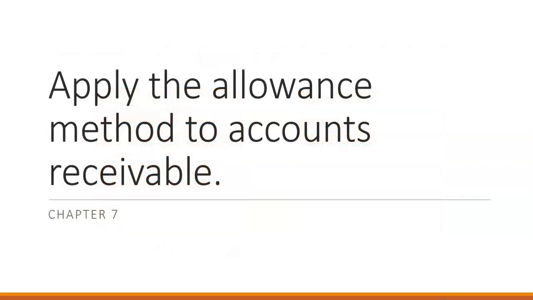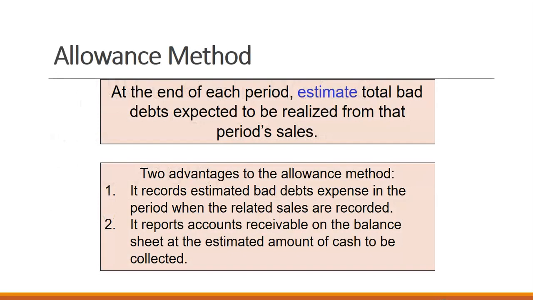So now we'll talk about the allowance method. Under the allowance method, at the end of each period, we estimate the total bad debts expected to be realized from that period's sales. And then we record an adjusting entry at the end of the month for that estimate. There are advantages to the allowance method.